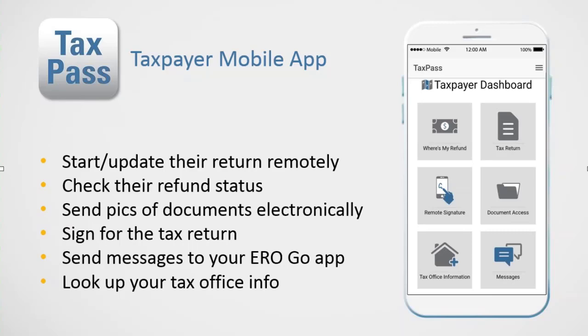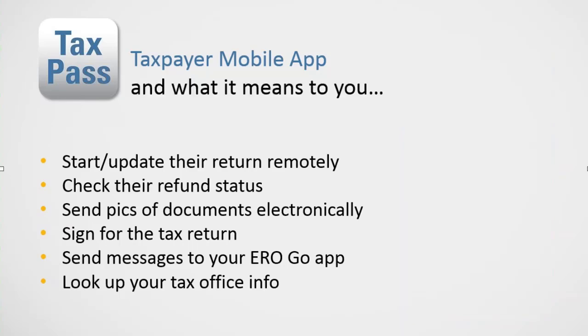And it's important to realize that, yes, these are benefits that affect your taxpayer, but there are also things that will make your life easier for this upcoming tax season. So let's take a look at what I mean by that, because all these benefits that we have listed on the screen, they translate into benefits for you as well.